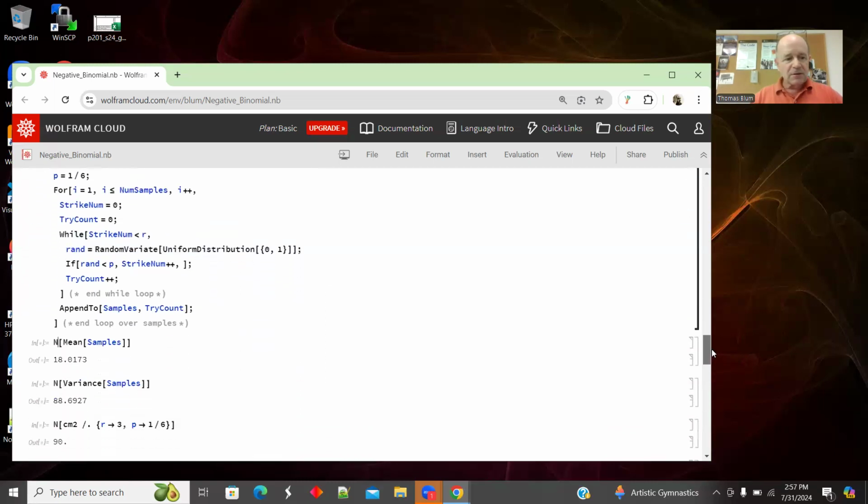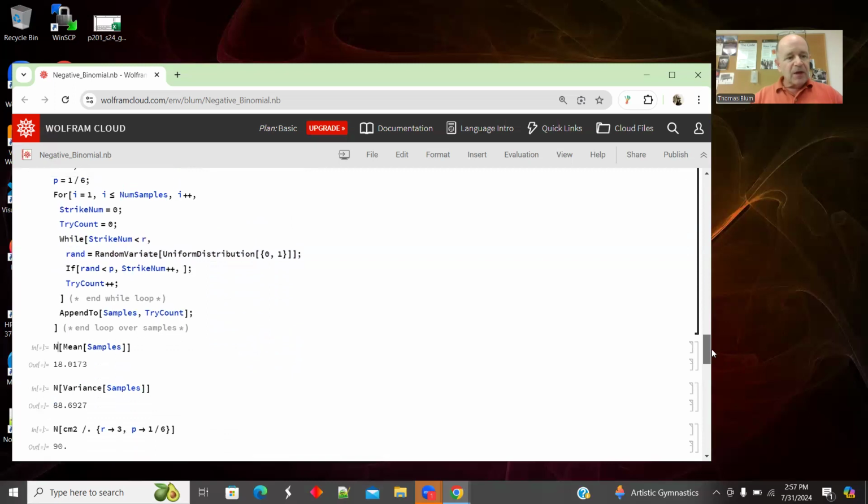Still running. And then I'm going to do the variance. Once I get the variance, I'm going to take my second moment and put in specifically an R of 3 and a P of 1/6 and compare.